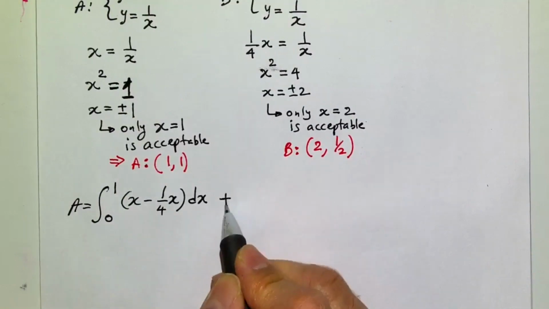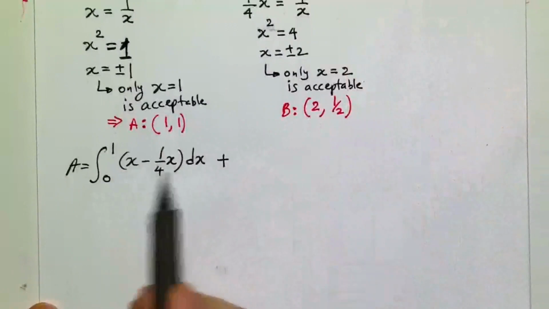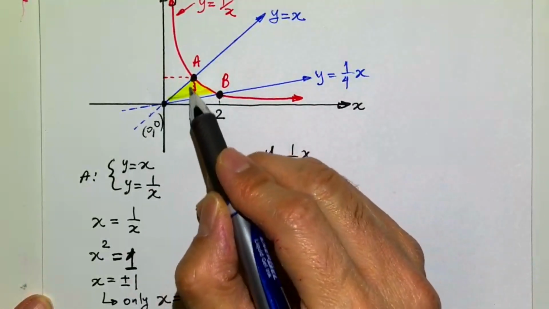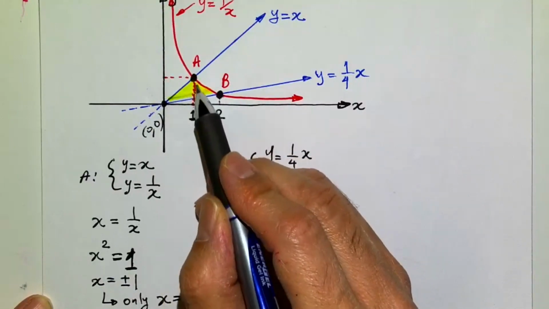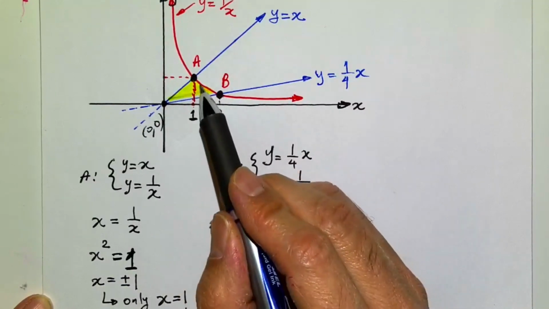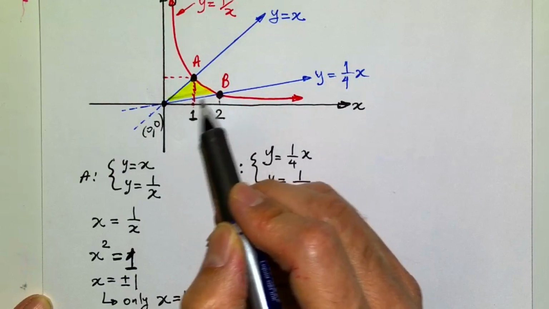dx plus, right? The integral that I just wrote takes care of this piece, this area, from 0 to 1. Now from 1 to 2, the top curve changes, so we go 1 over x minus 1 over 4 times x, right?